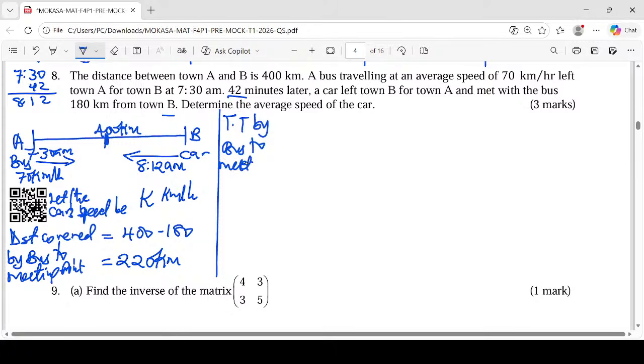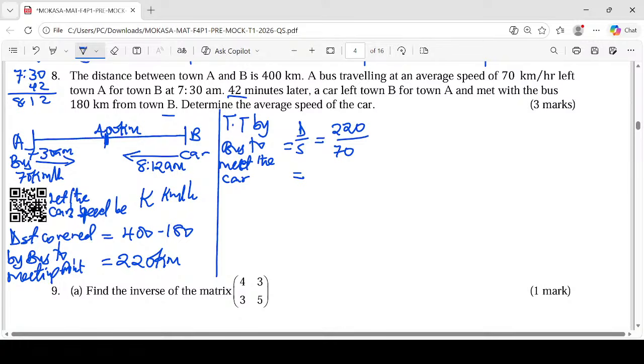You know, time is given by distance over speed. For the bus to meet the car, it has to cover a distance of 220 kilometers, but it was moving at a speed of 70 kilometers per hour. So this becomes 220 divided by 70.